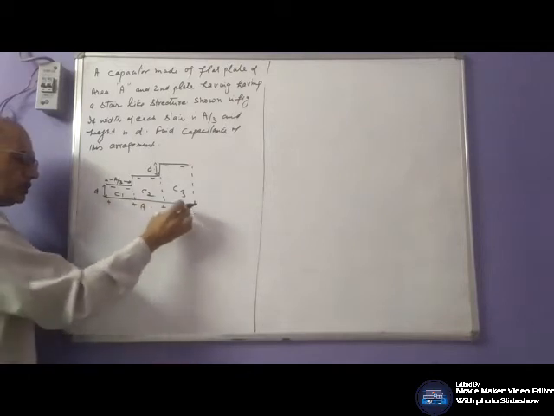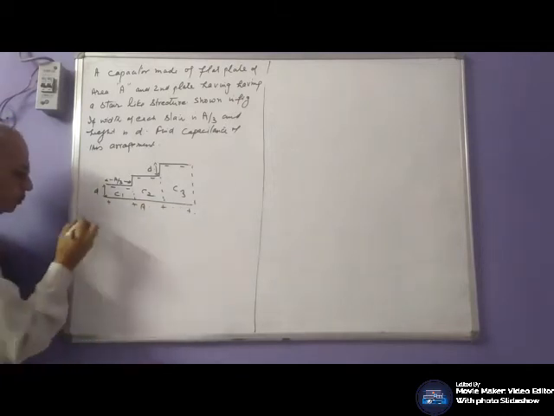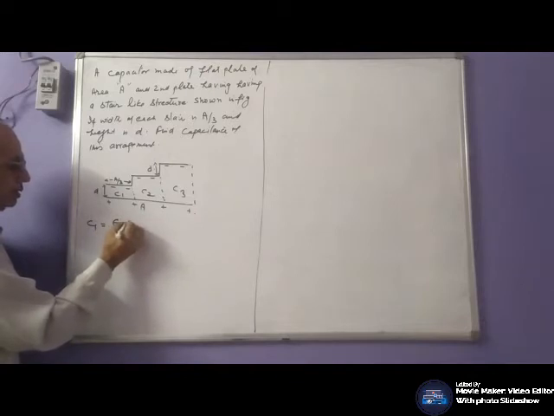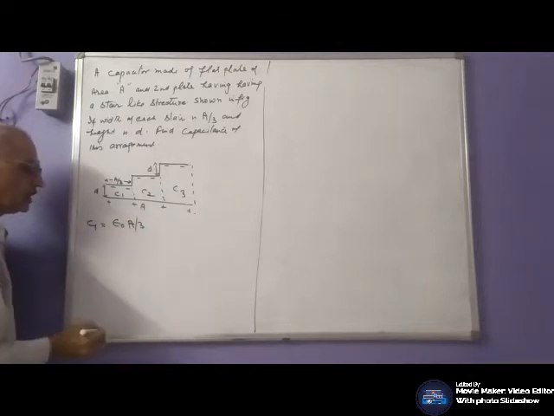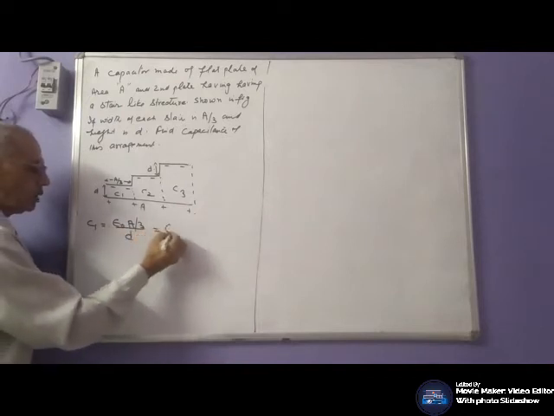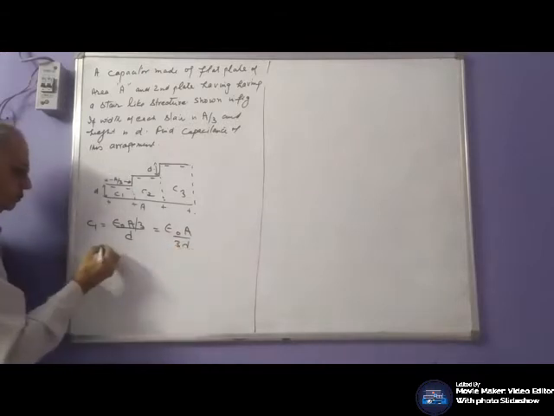And positive of these 3 is connected with positive, so they are in parallel. So C1 is epsilon naught A, this is A by D, or it is epsilon naught A by 3D.